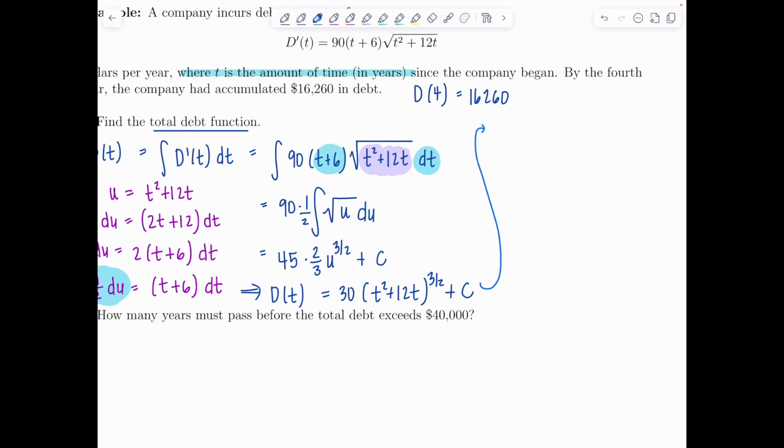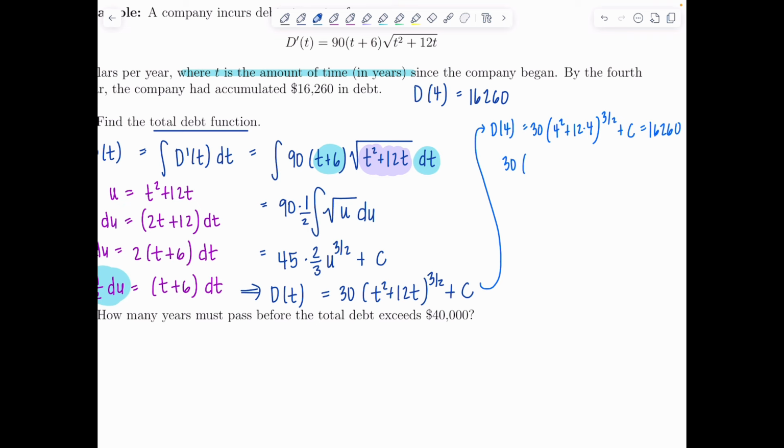So d of 4 equals 30 times 4 squared plus 12 times 4 to the 3/2 plus c. And this all equals 16,260.